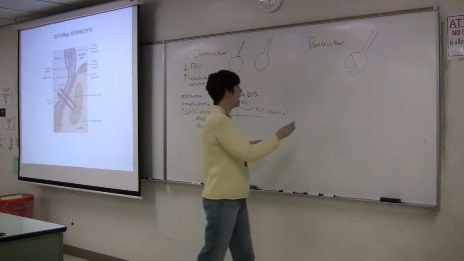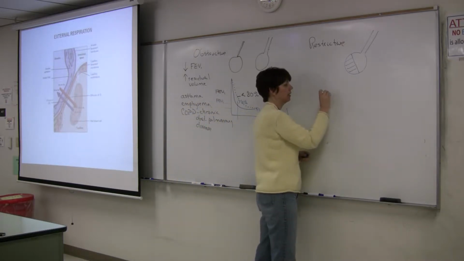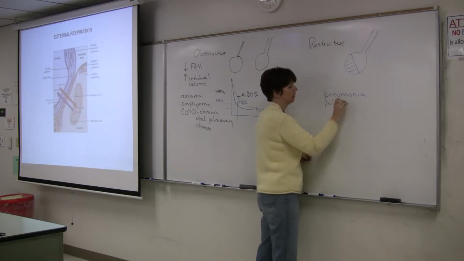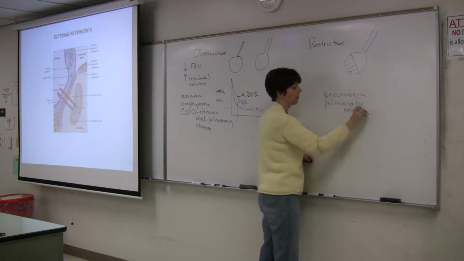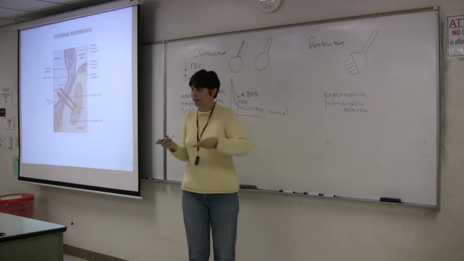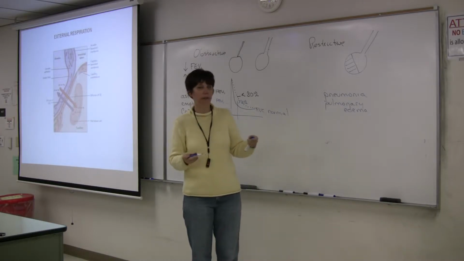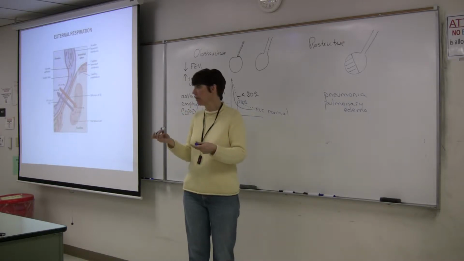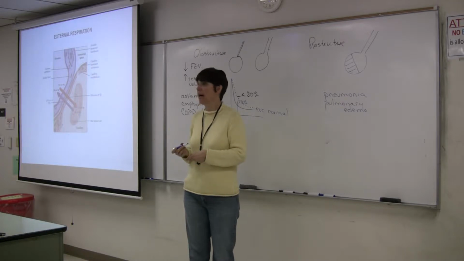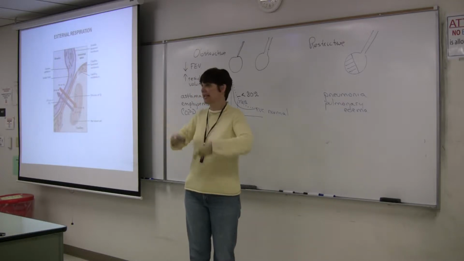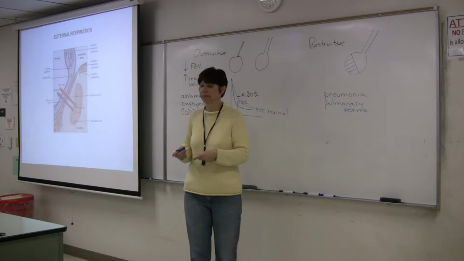So this can happen with pneumonia, pulmonary edema. That's where it fills up with fluid with those two. Or some type of tuberculosis or tumor or some disease that blocks off the airway.